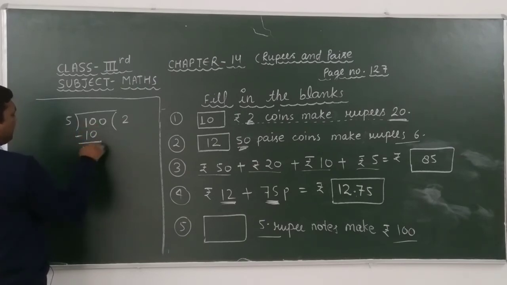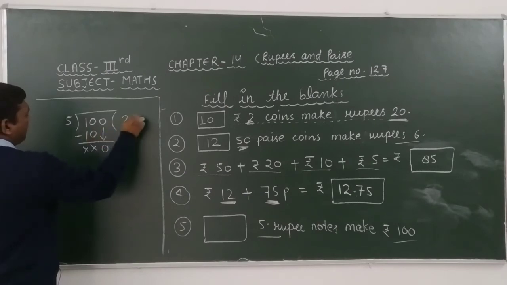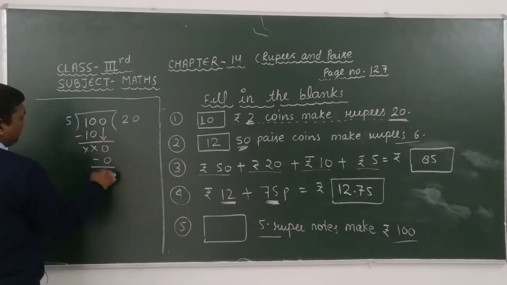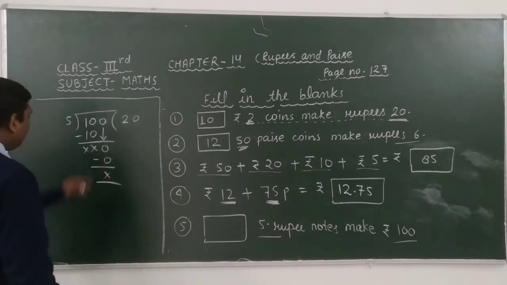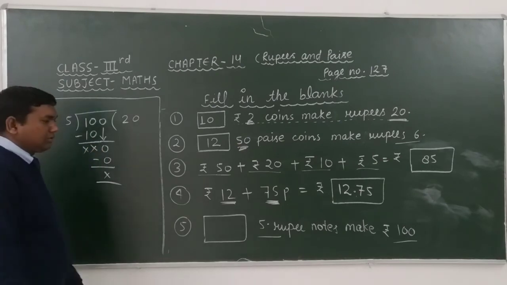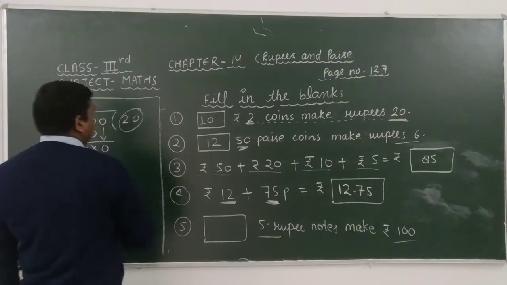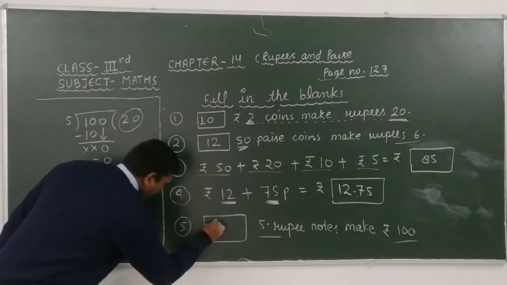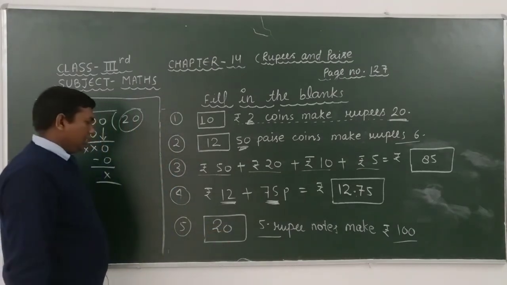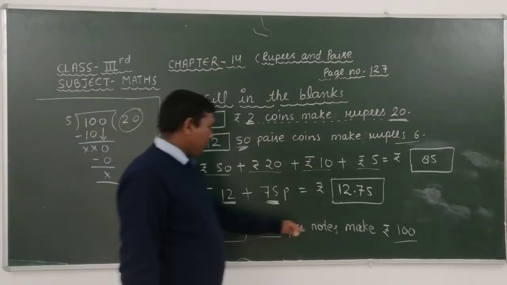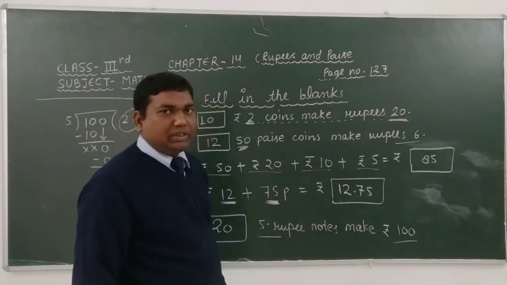After subtracting these, it cancels out, and here we take 0. 5 zeros are 0. After subtracting these, it cancels out. It means that here we get 20 as the quotient. Therefore, we can write 20 here. It means that 20 notes of 5 rupees make rupees 100.